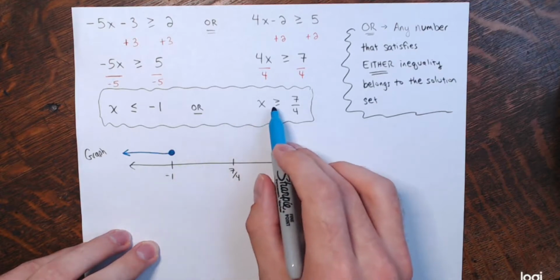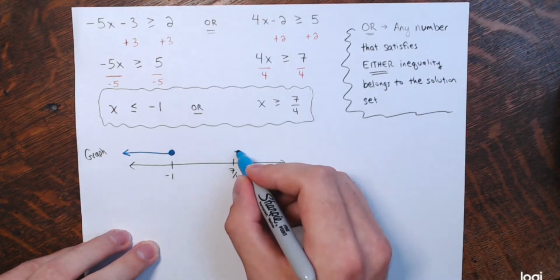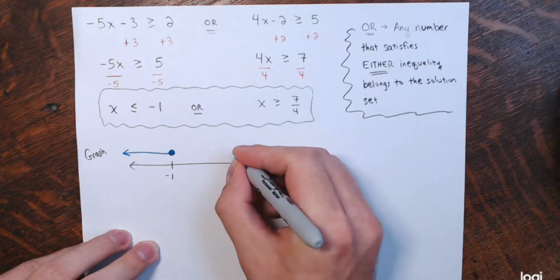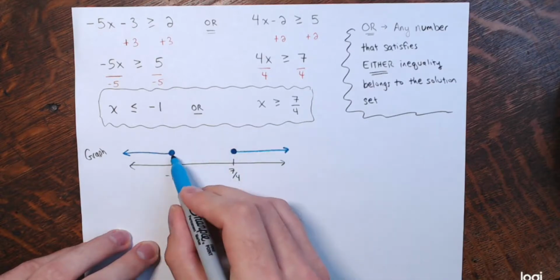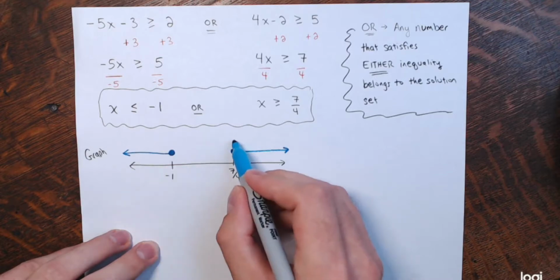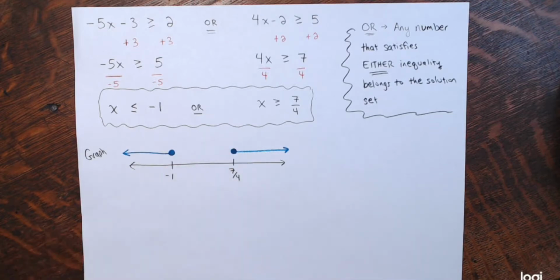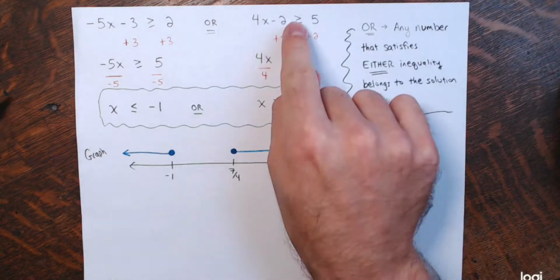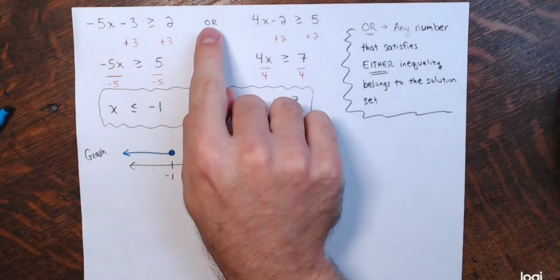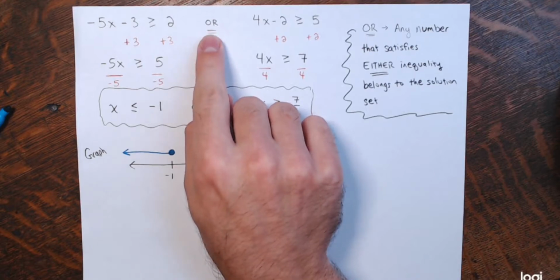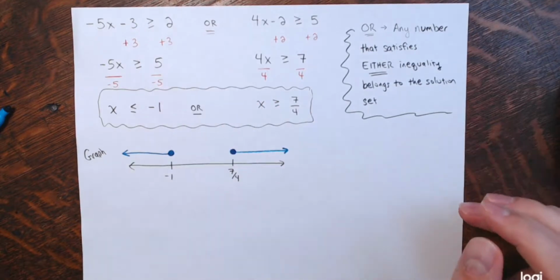And x is greater than or equal to 7/4: all the numbers to the right of 7/4, including 7/4. You could put closed points there or square brackets, same thing. All these numbers satisfy the second inequality, therefore they satisfy the whole compound inequality. Again, or is very loose, very inclusive. So here's a graph.